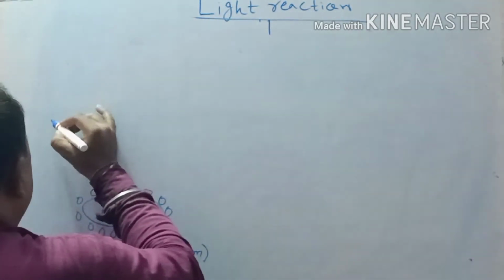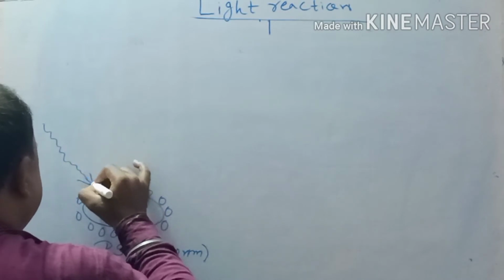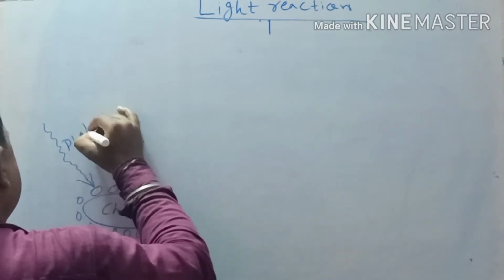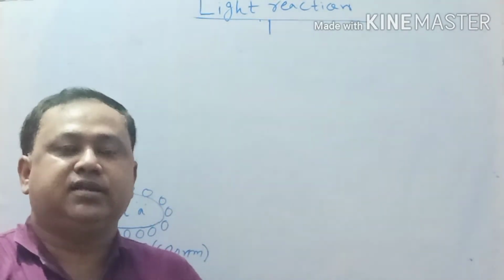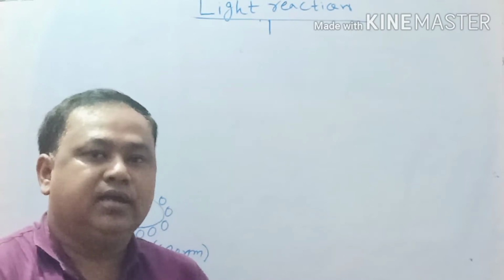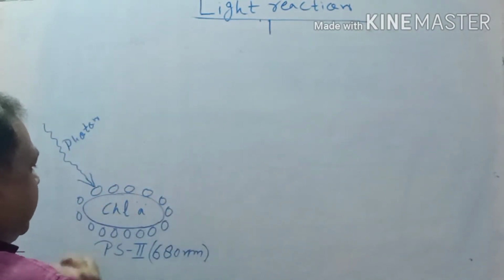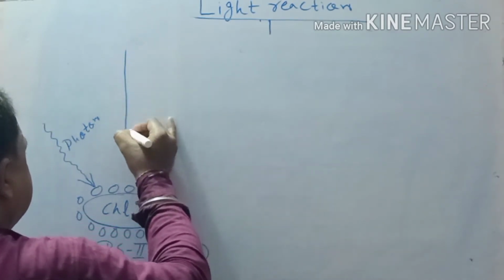Here first of all, the light ray or photon is incident on the reaction center, that is chlorophyll A, along with accessory pigment or other pigment molecules, which become excited.